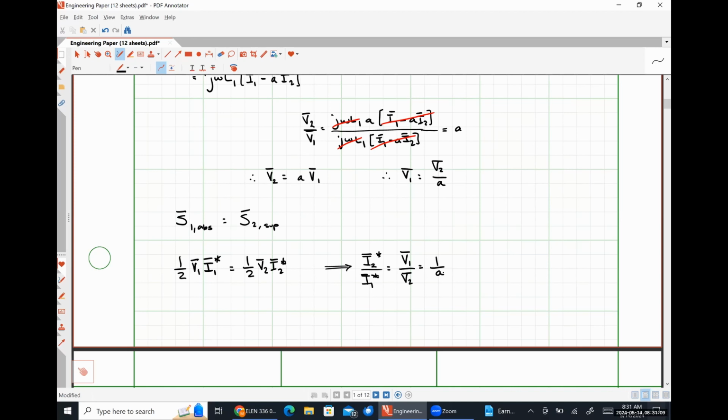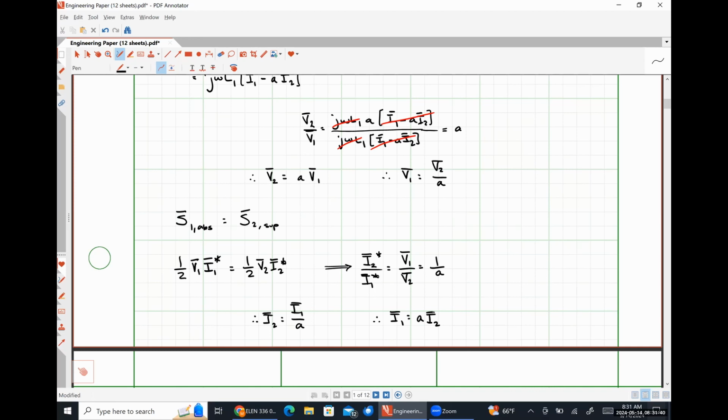So we can say from this that I2 is equal to I1 over A, or I1 is equal to A times I2.